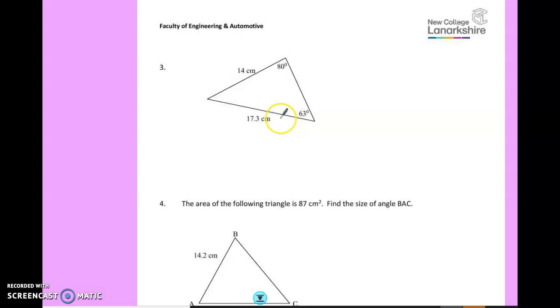Number 3, here we've got the length of two sides and we've got two angles in our triangle. We still want to find the area. To find the area using my formula, I need this angle here, because that is my included angle between the two sides.